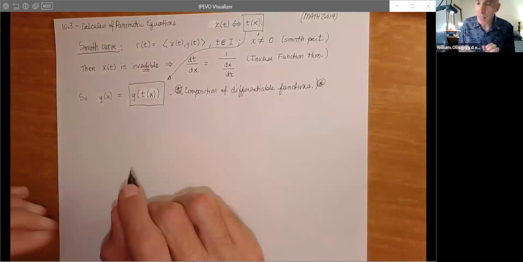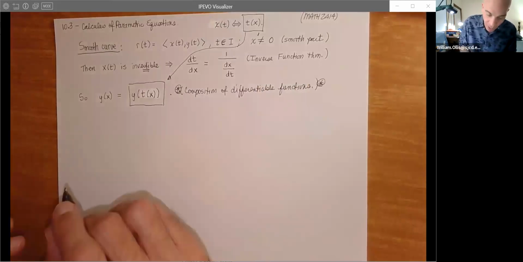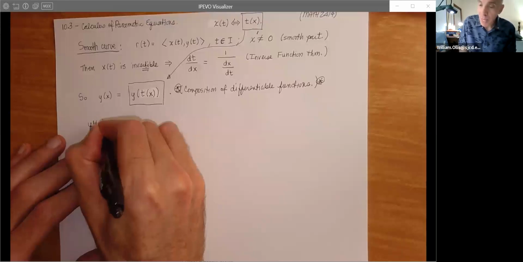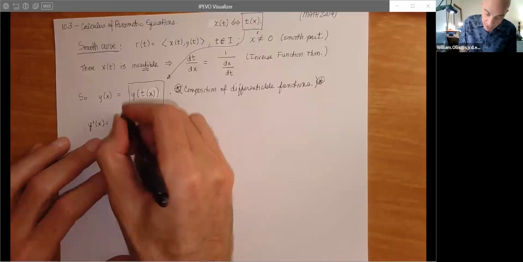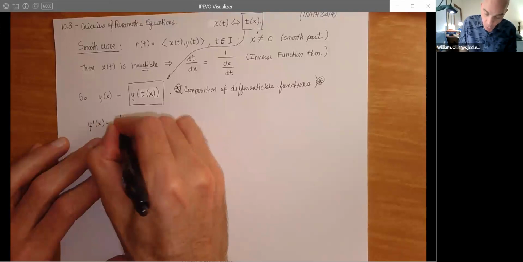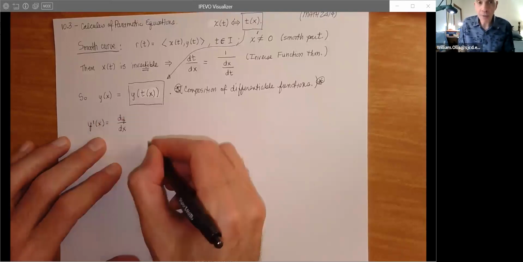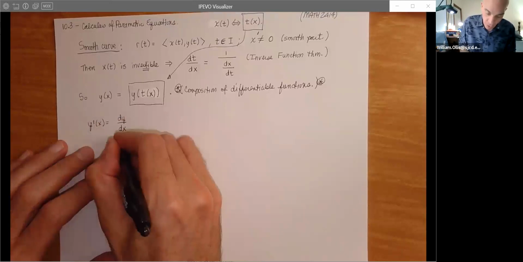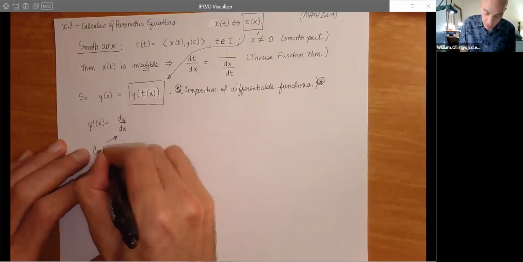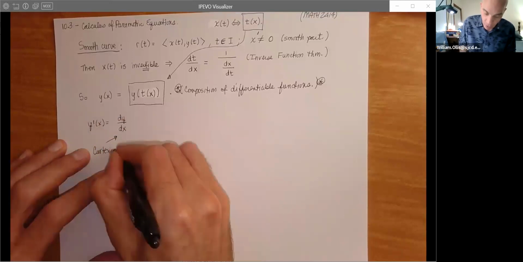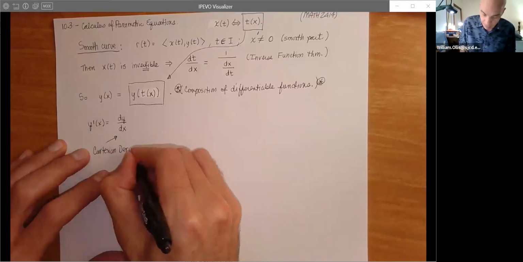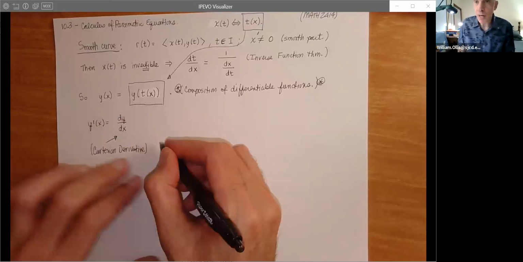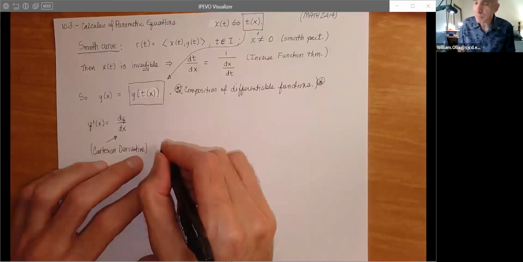Now, when we do this, we apply the chain rule. So y prime of x will now be, we can write this like the Cartesian derivative. This is what we think of as the Cartesian derivative, just like we did in Calculus 1, and we've been doing all along in this class. So that's just the regular y prime of x.